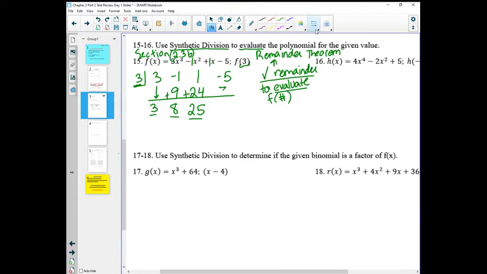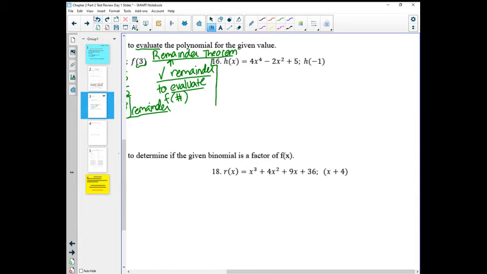Multiply 3 and 25, and add those together. The remainder here is 70. So by applying the remainder theorem that we learned about, f of 3 equals 70.